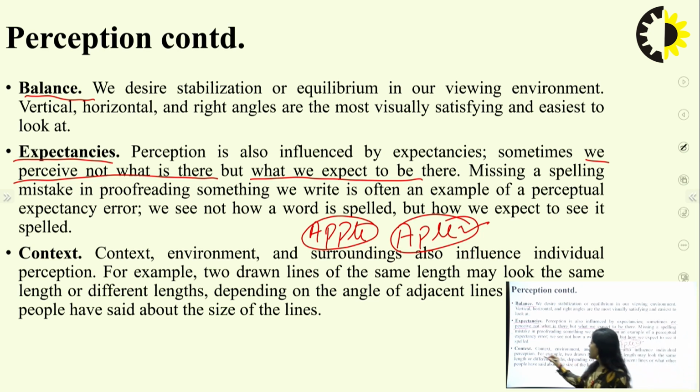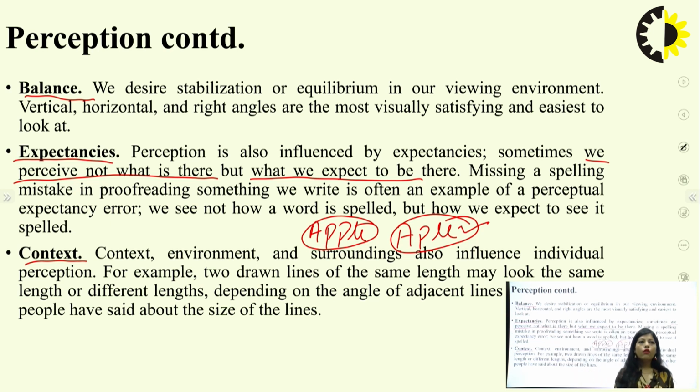Next characteristic is context. In context, environment and surroundings also influence individual perception. Through our environment and our surroundings, we perceive something.